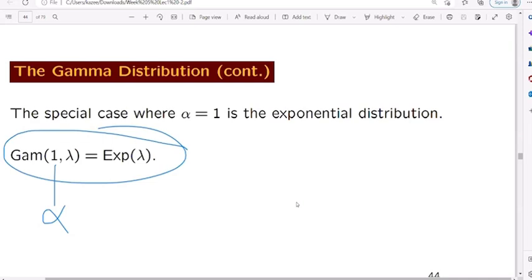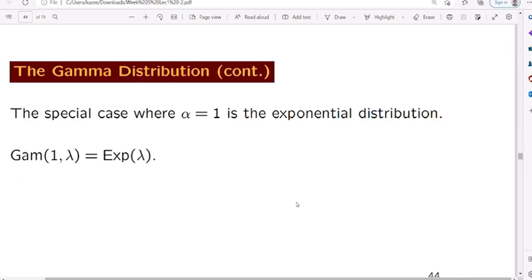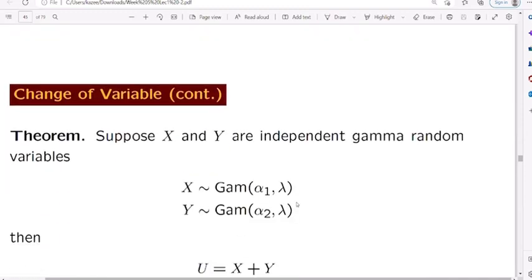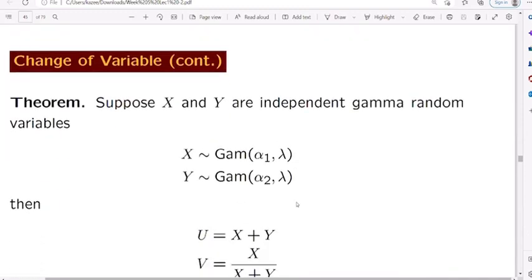So exponential is a special form of a gamma distribution, and we get the exponential distribution when alpha equals 1 in a gamma distribution. And don't forget, alpha represents the shape. I just wanted you to take note of that.